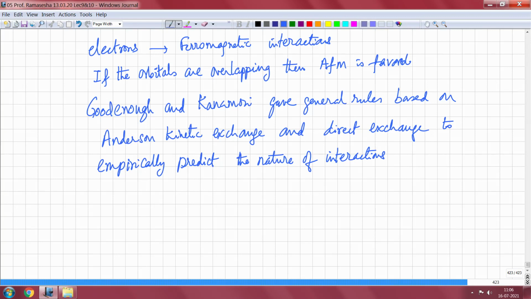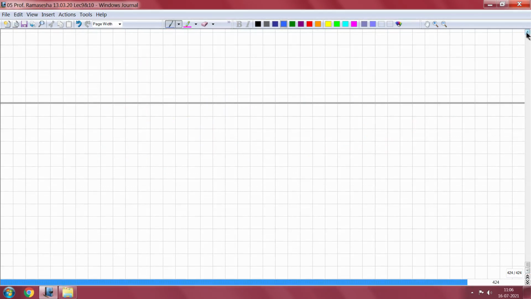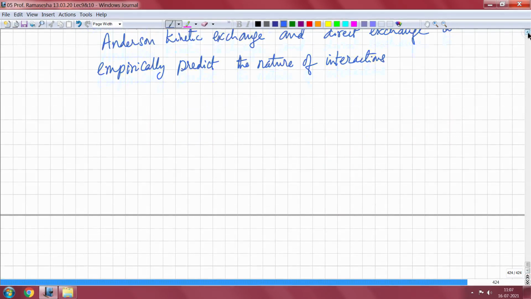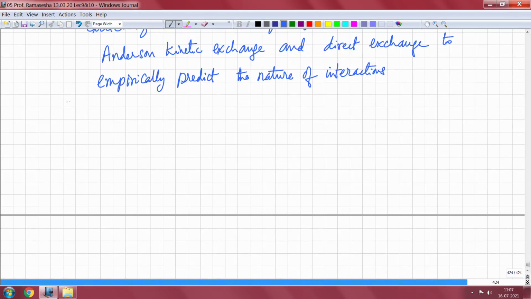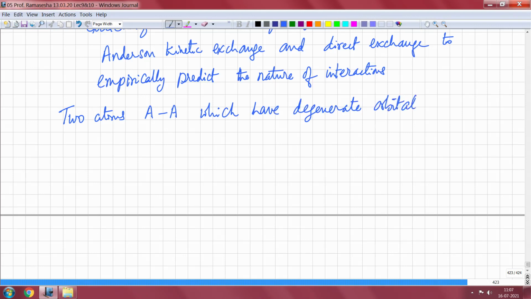Okay. So, one way of looking at how you can get ferromagnetic interaction even when you have kinetic exchange, you can show by dealing with, say, let us consider two atoms A which have degenerate orbitals. Then we will have the following configurations.